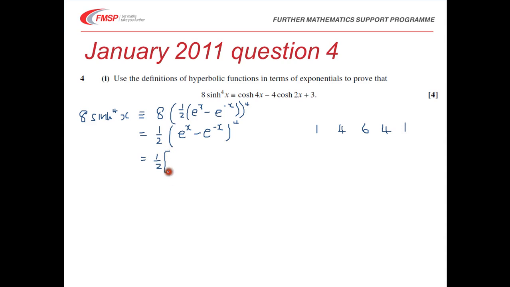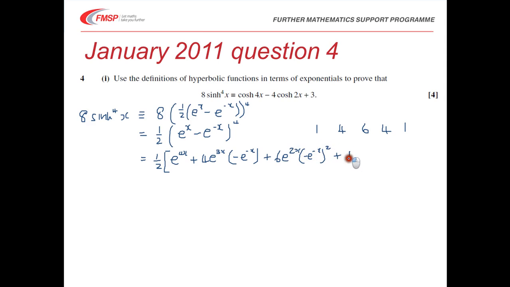So we'll have e to the 4x, 1 e to the 4x. We'll then have 4 lots of e to the 3x, but that will be multiplied by minus e to the minus x to the power of 1. Then we'll have 6 lots of e to the 2x times minus e to the minus x all squared.